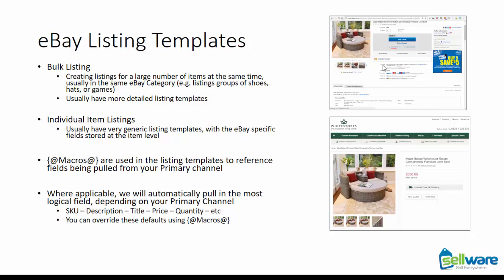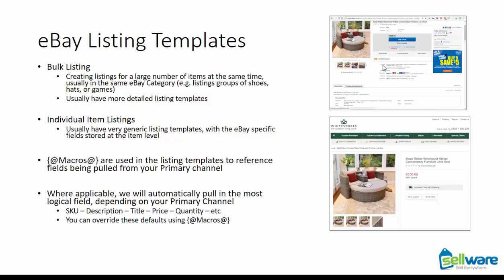Attributes are things like, if you're selling in the shoe category, you need to have things like width and size. If you're selling in the t-shirt category, usually it's size and color. If you're in certain electronics categories, they may have mandatory attributes like power source or voltage. Each one of those is unique. That's why we say you do need to have a base level of familiarity within eBay or the ability to quickly track down some of that information.